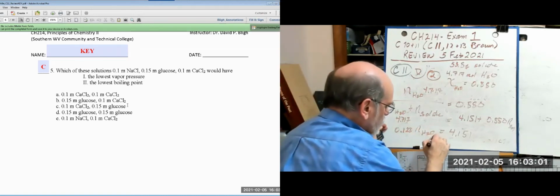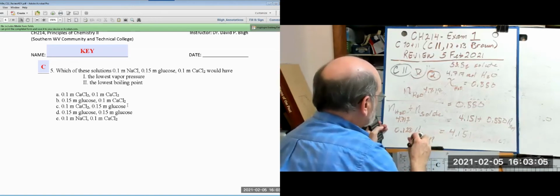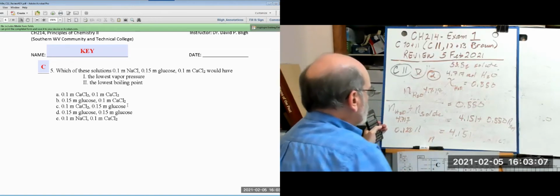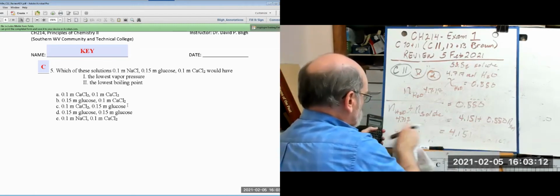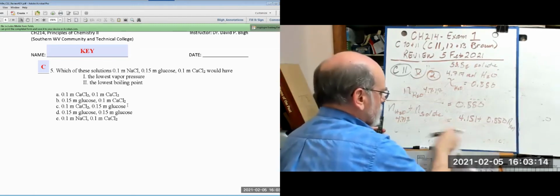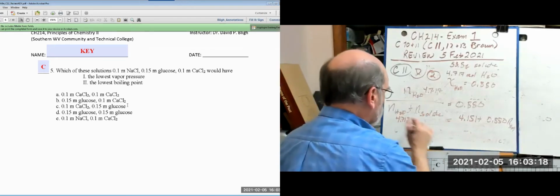So now the moles, no, that's solute, excuse me. Whoa. That's not right. That's a mistake. Hold on a second. Moles of water.